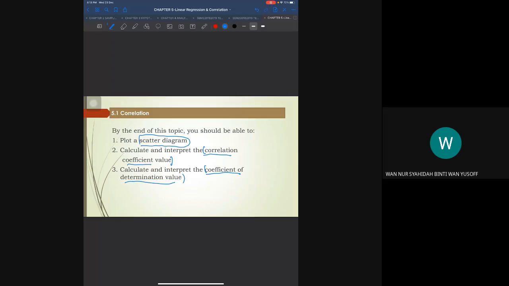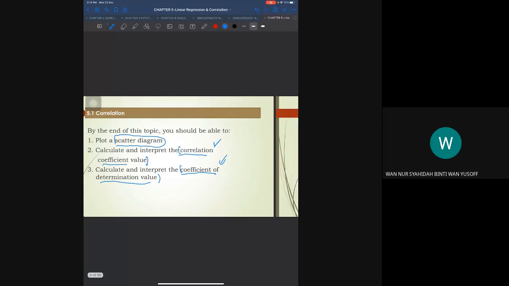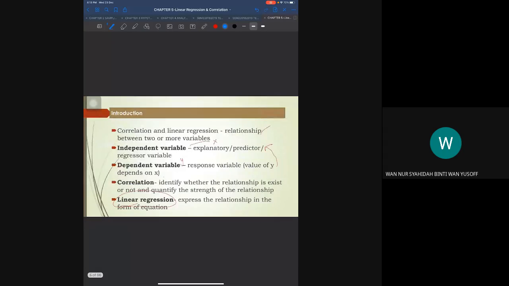So it is similar here. The scatter diagram is just a plotting between x and y. Based on that diagram, we will know whether a relationship exists or not between the variables. To confirm that, we then calculate the correlation coefficient and also the coefficient of determination. You can interrupt me anytime if you have any questions.